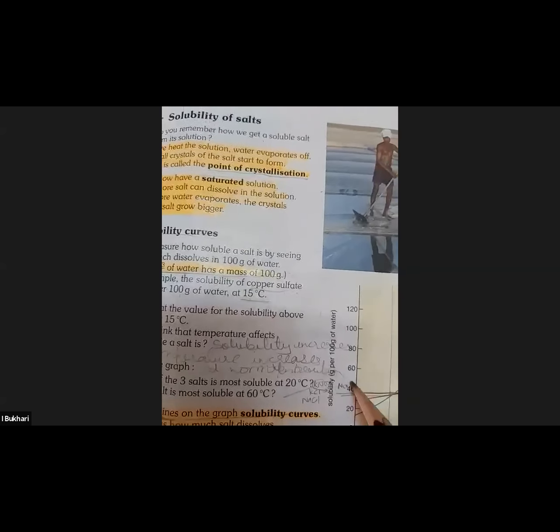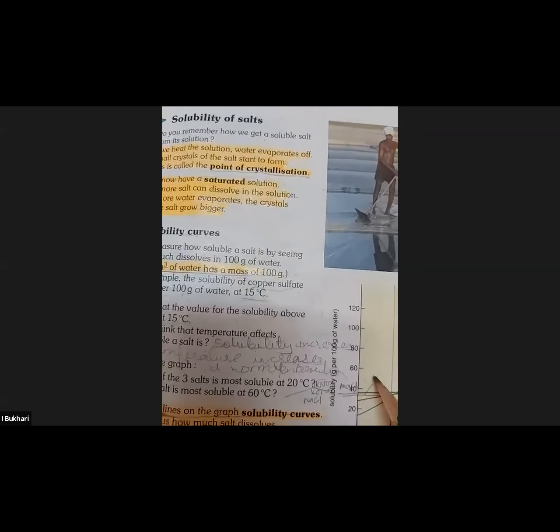This is sodium chloride. This is potassium chloride. And then this would be potassium nitrate. So it is the least. So the potassium nitrate mass dissolving at 20 degrees Celsius is the least. Can you see I am extending the line where this blue line is touching the 20 degrees Celsius mark here? Did I make sense? Did you understand, Hassan?